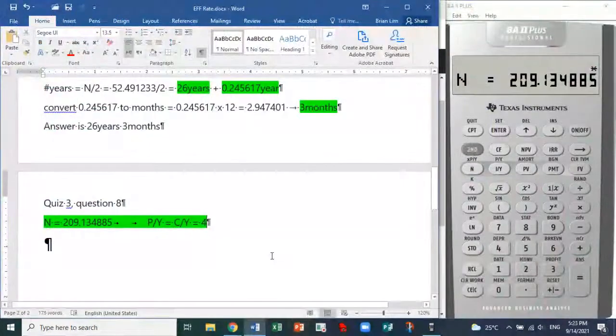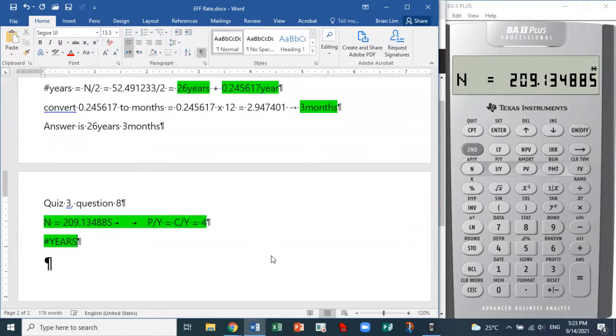Okay, so now to get it into years. So the number of years is equal to what? Well, we take n and we divide by 4, the PY or CY. So that's equal to 209.134885 divided by 4.